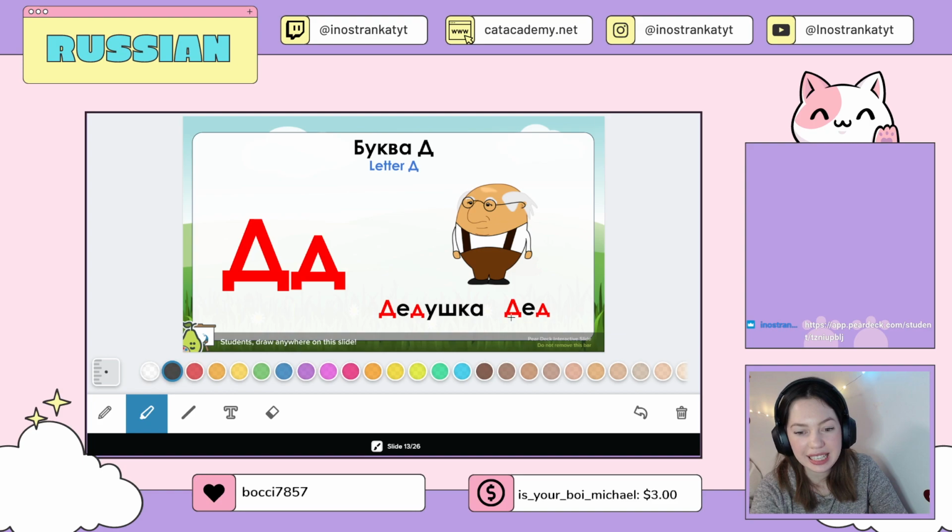So anyway, дед is grandfather or just an old man or retired man, pensioner. So the full definition of this дед is дедушка, that is basically grandfather.